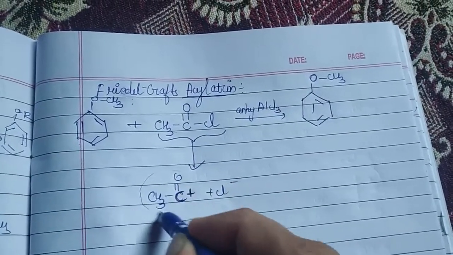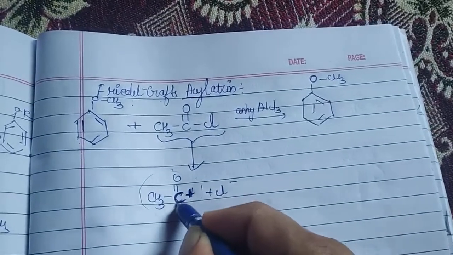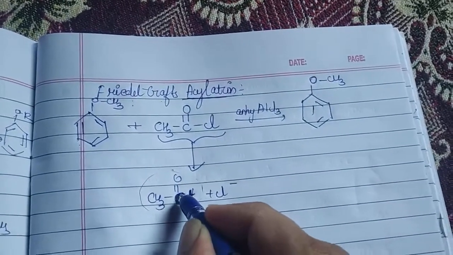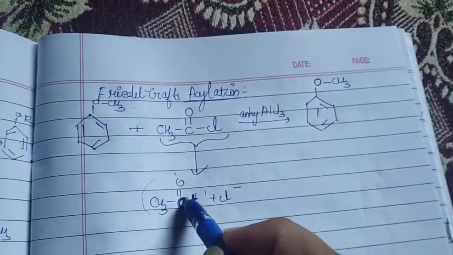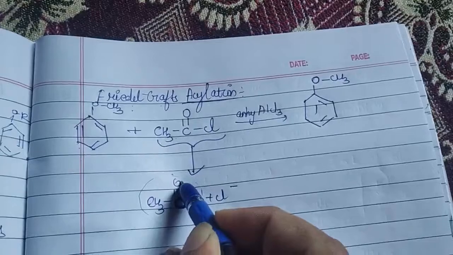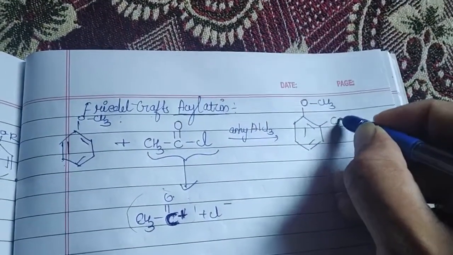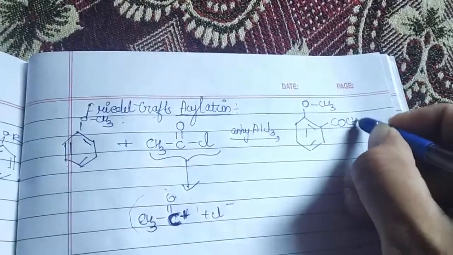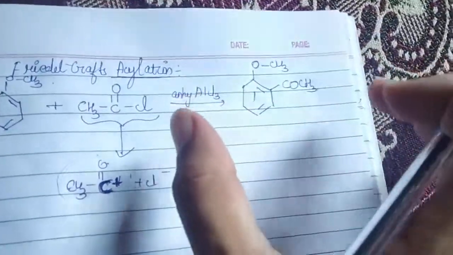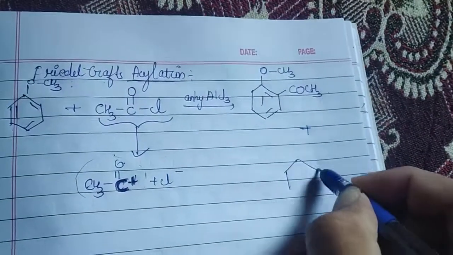Overall, this molecule is an electrophile, but which carbon has the positive charge? This carbon. So this is the carbon that has to get fixed, and not this carbon or this oxygen. So how will you write? It will be having COCH3, very much important, the way of representation, plus one more you will be having as what?